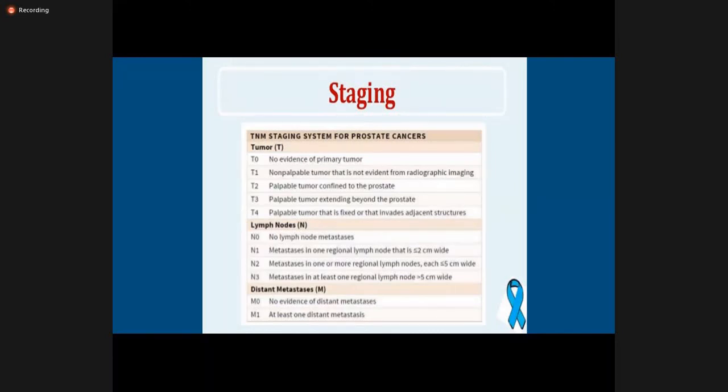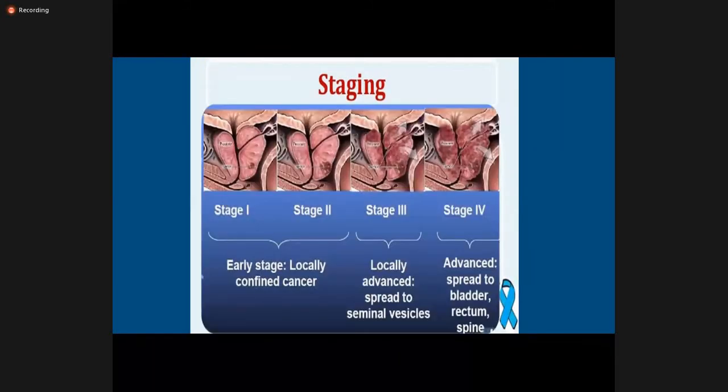For lymph nodes, if less than 2 centimeters, then it's N1, and if it is less than 5 centimeters, then it's N2, and if it is more than 5 centimeters, then it's N3. And if there are mets, then it's M1.